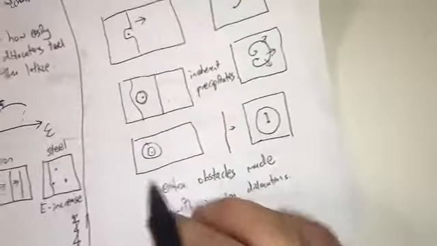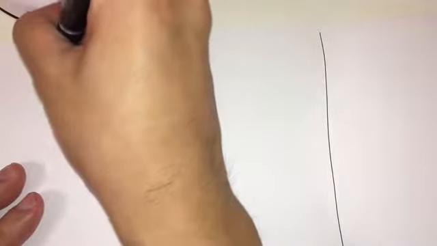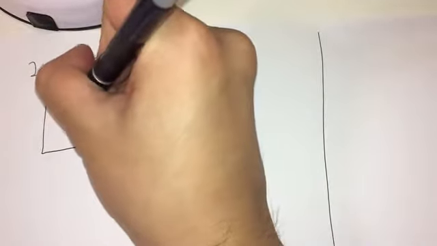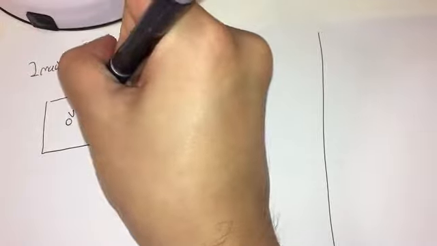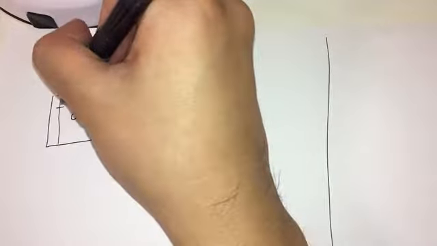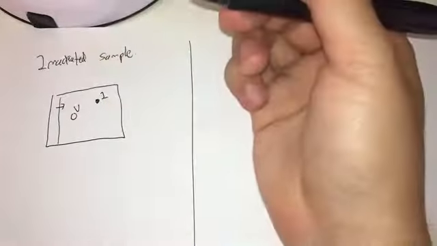However, for our irradiated sample, we have lots of obstacles also. Let's say we have a vacancy, we have interstitials, all these kinds of things. When a dislocation comes in, when it sees a vacancy, what will happen?